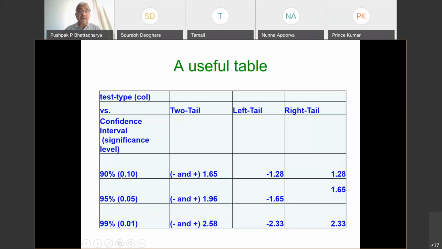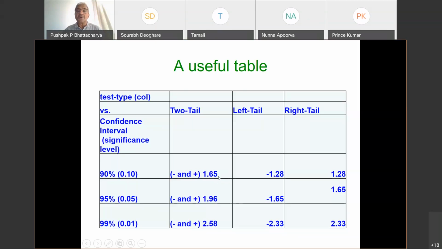For 90% confidence interval, the critical values of Z are minus 1.65 to plus 1.65. Note the repetition of the numbers minus 1.65 and 1.65 from 95% confidence interval. So that is explainable easily. 0.10 is 0.05 plus 0.05.